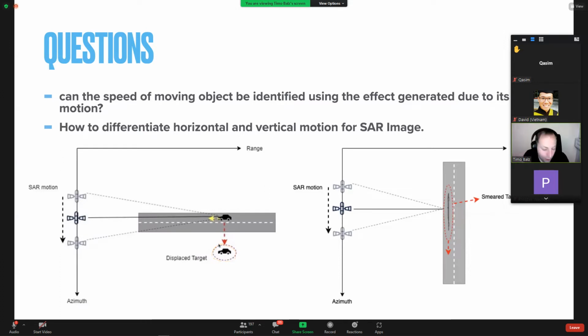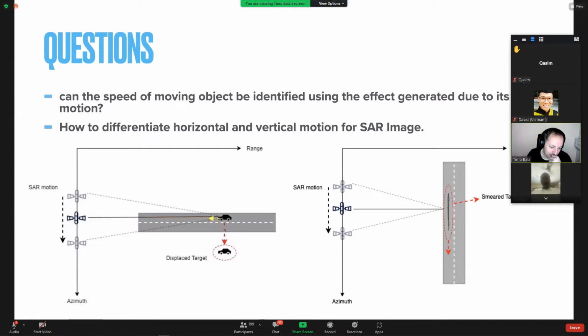That's not only true for cars, that's basically for every moving object. There are also many SAR images where you can see moving ships on a river appear on land, or some effects like that. So moving objects will be displaced if they move toward the sensor.